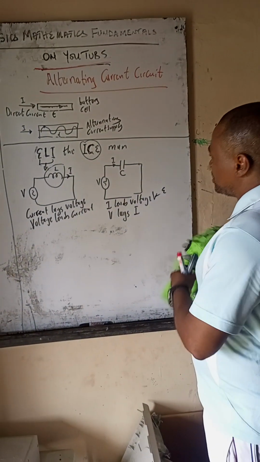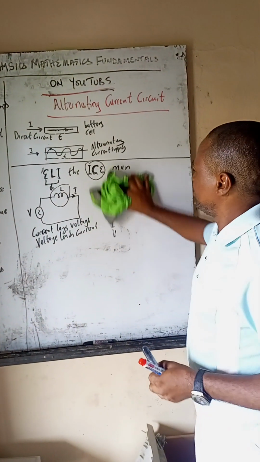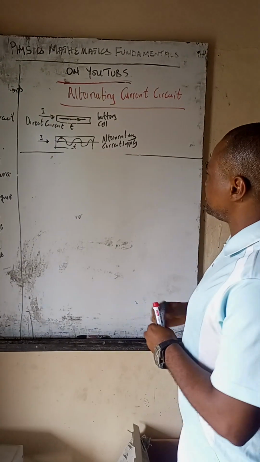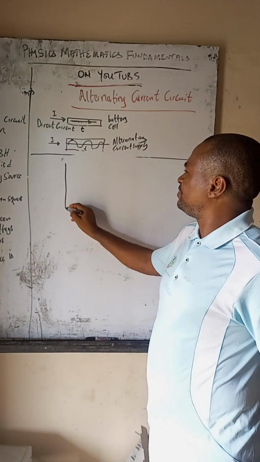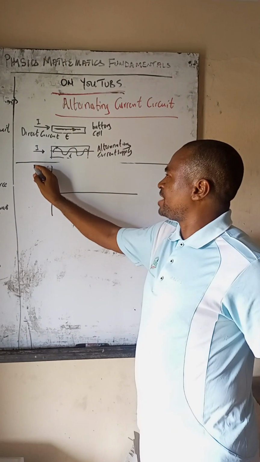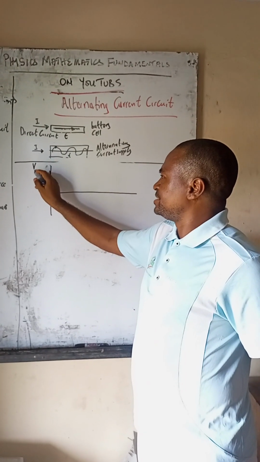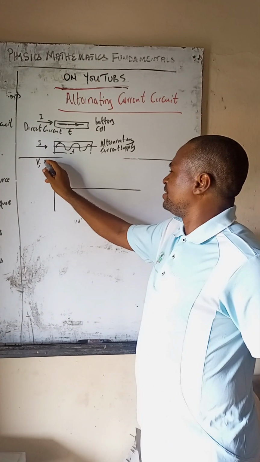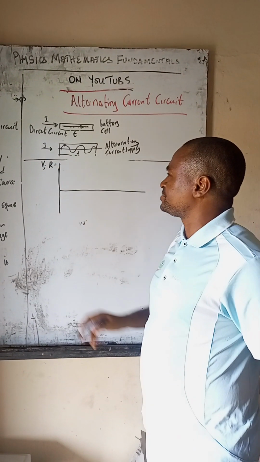Now, what do I mean by all this? Before we solve an exercise, I want to show what I mean by leads and lags. If we have a given vertical and horizontal axis and we have the voltage here, then we have a resistor here.